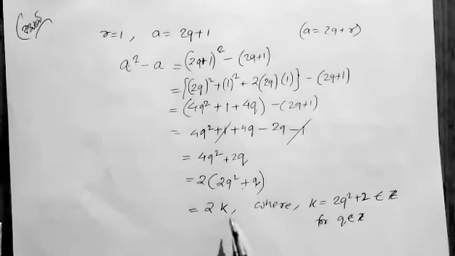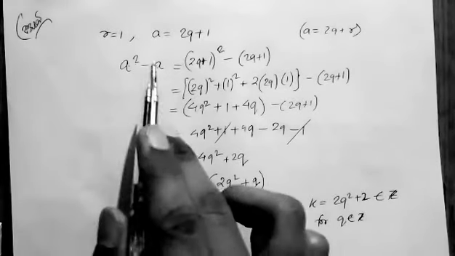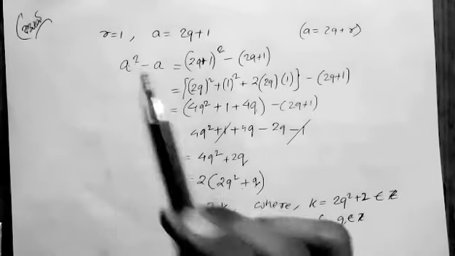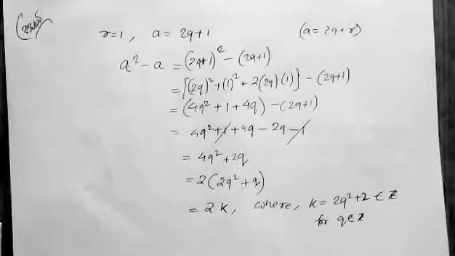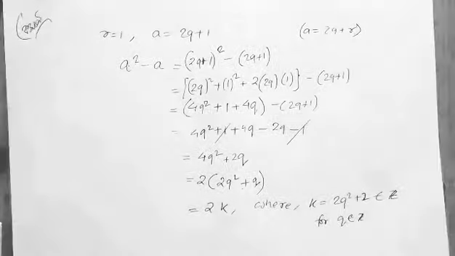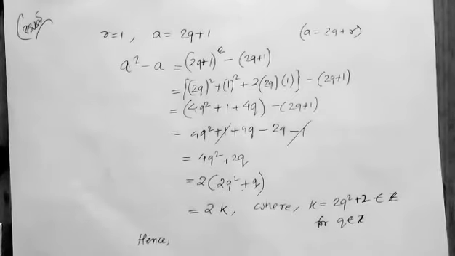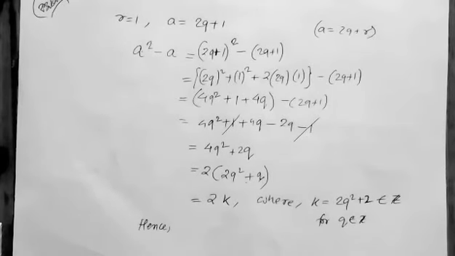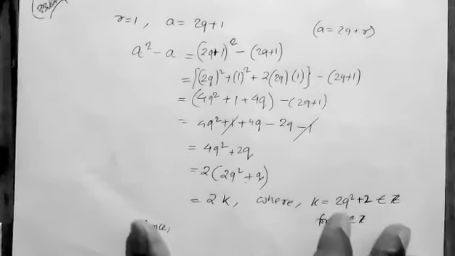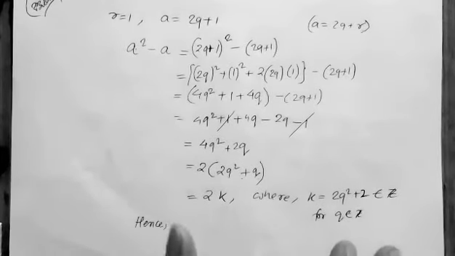We have expressed it in this form, and now we can say that the difference between the square of a number and the number itself is an even integer. Hence the difference of a number and its square is always an even integer, okay.